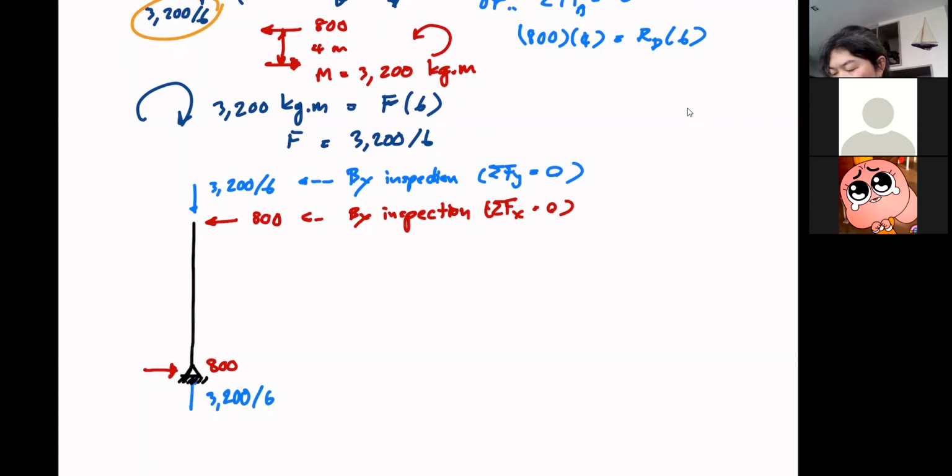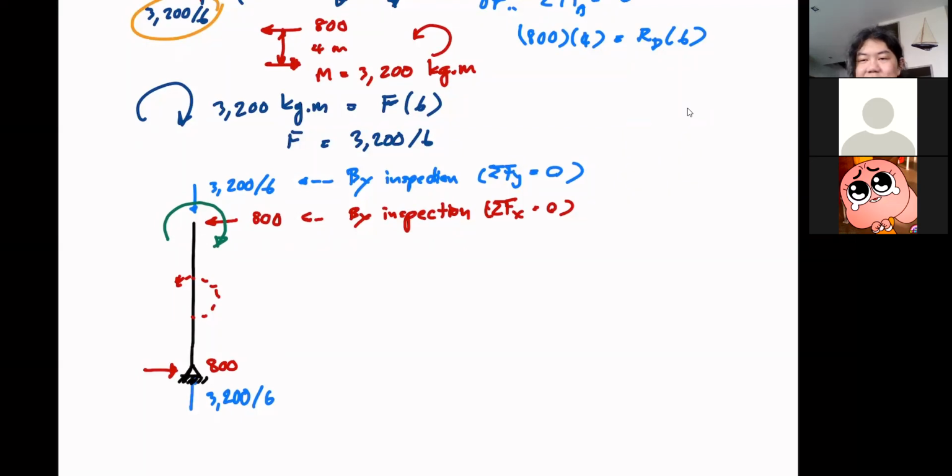And if you can see these two 800s, they're moving the frame in the counterclockwise direction, right? So I look at this and I know right away that I am going to need to counter this by a clockwise moment.